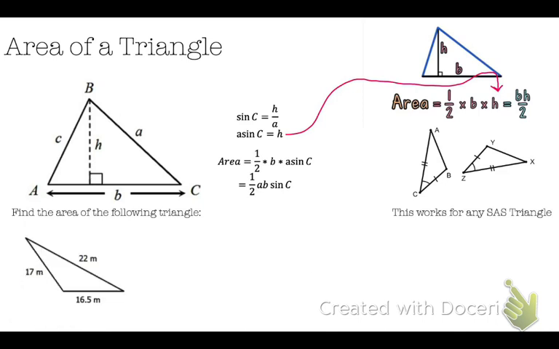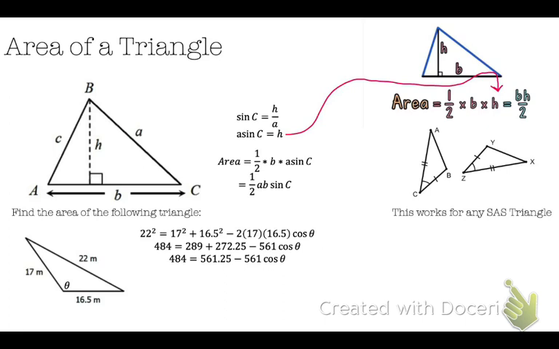Okay, this one, we have a side-side-side triangle. I could use the law of cosines to solve for one of those angles. So I'm going to do 22 squared equals 17 squared plus 16.5 squared minus 2 times 17 times 16.5 times the cosine of theta. So 22 squared is 484 equals 289 plus 272.25 minus 561 cosine of theta, which we can combine to be 561.25. Then subtract that over, so I get negative 77.25 equals negative 561 cosine of theta.